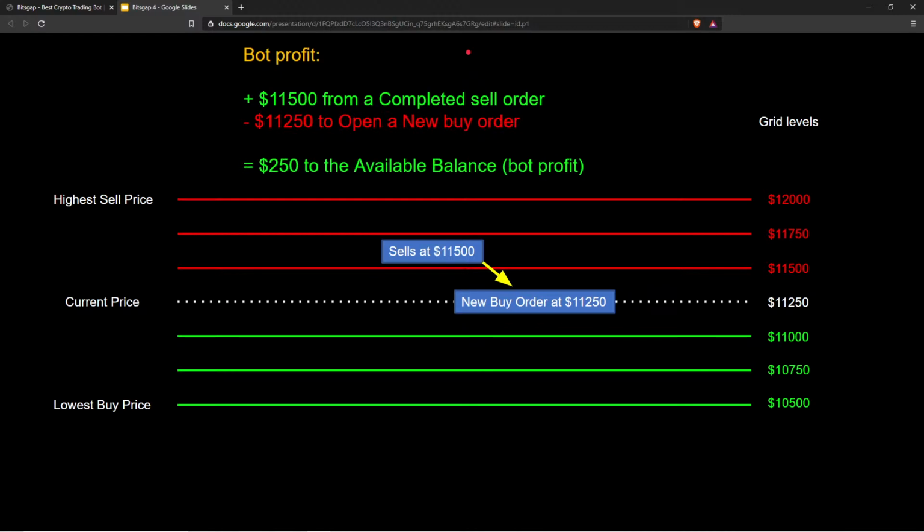The difference in this case is the profit: 11,500, you subtract the cash which is required to initiate a new buy limit order, and the difference is exactly your marginal profit, which goes directly to your balance. And that can be an everlasting process of trading as long as the market price remains within the trading range.